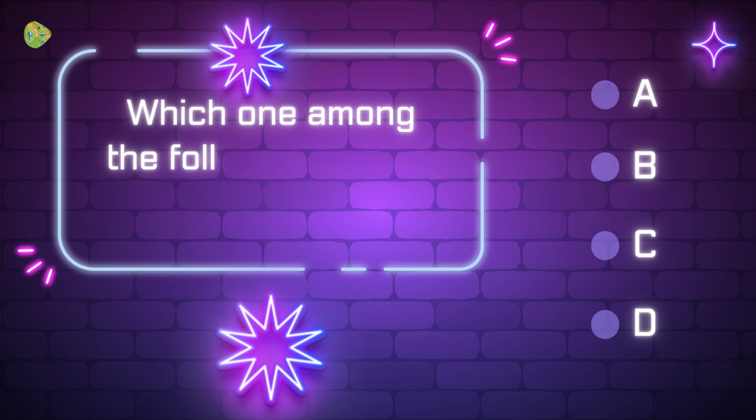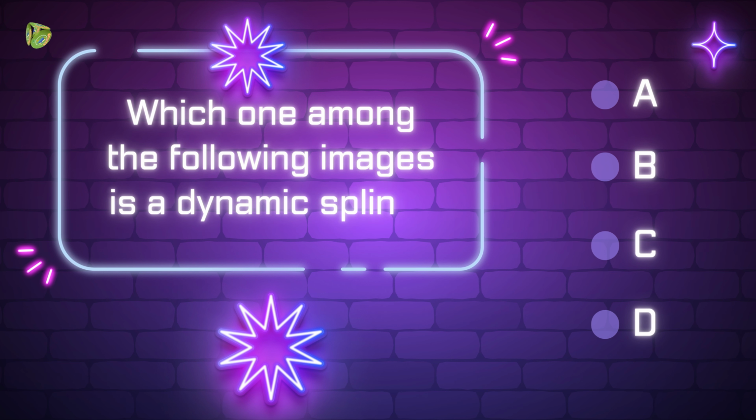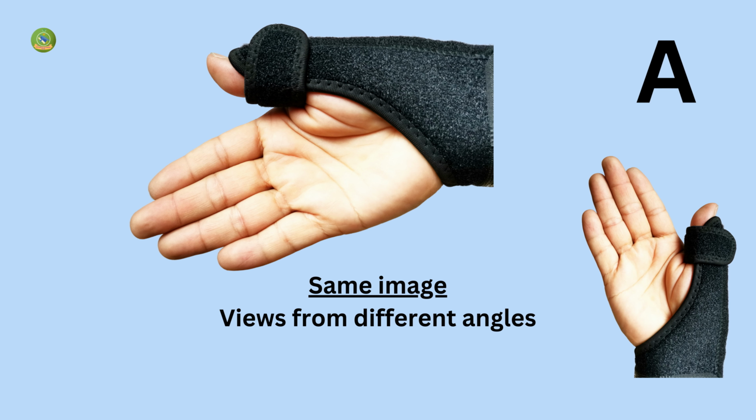Which one among the following images is a dynamic splint? There are four alternatives: A, B, C and D. This is the same image, viewed from different angles.